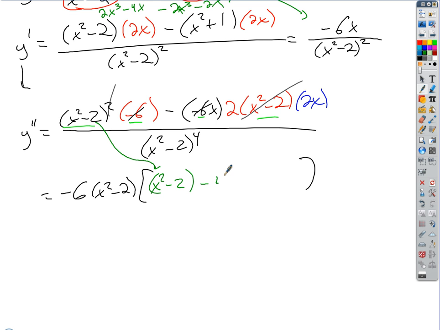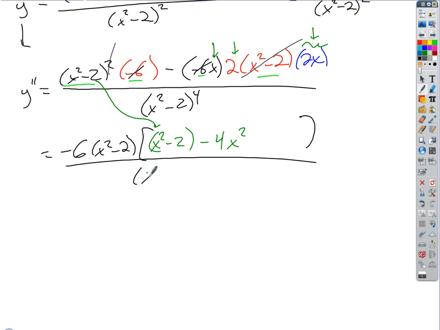Just 4x squared, good, because there's an x too, right? Can't forget him. So minus 4x squared. Oh, 2 times 2x. Okay, thank you. So those three things combine to give me that, right? Okay. All over the bottom.